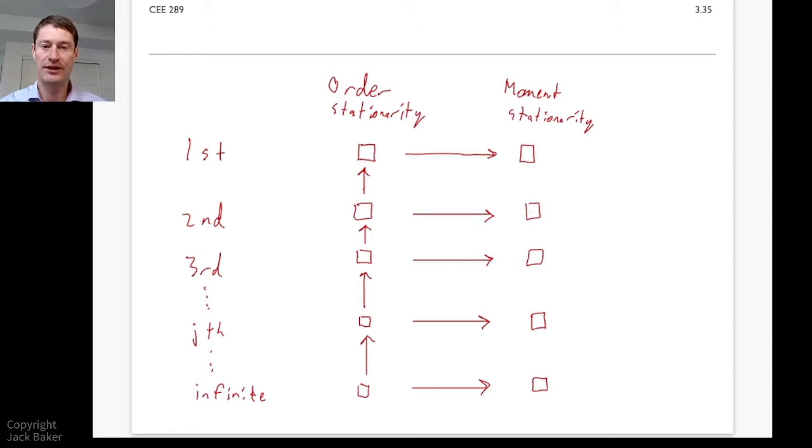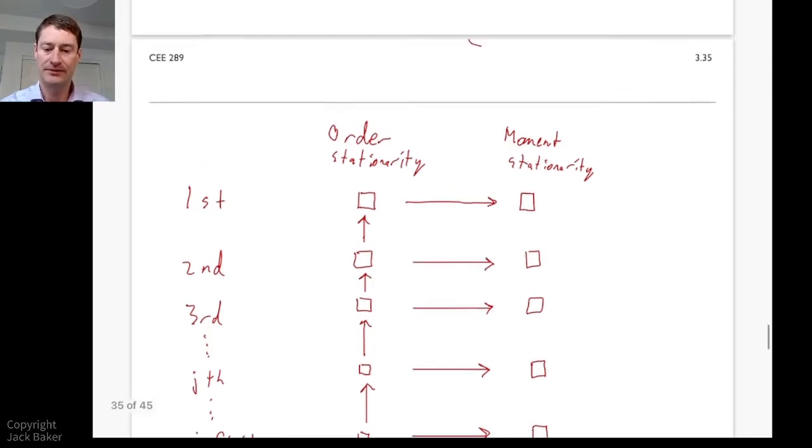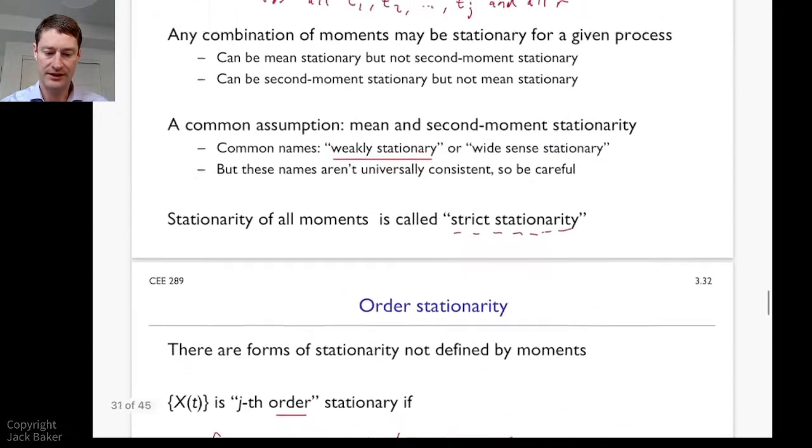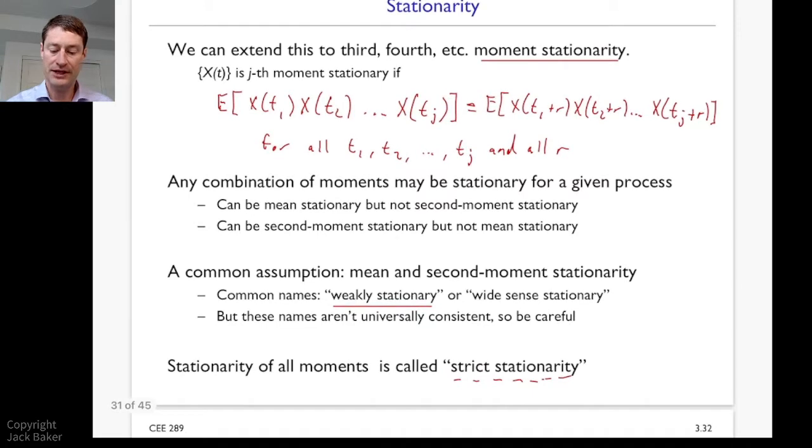Okay, so that's the relationships between stationarity. And then in terms of our shorthand notation, let's come back and think about that for just a second. We talked a few slides back that if we're mean and second moment stationary, and remember mean is first moment stationary, and second moment stationary, we call that weakly stationary.